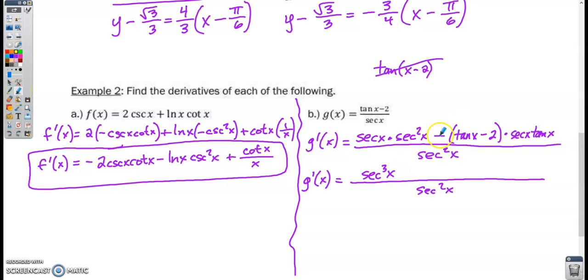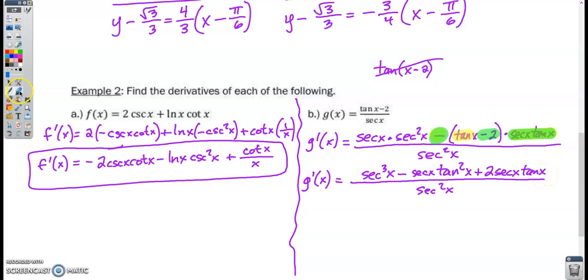So I've got a negative sign times the tangent times the secant of x tangent of x, which when I multiply all those together gives me negative secant of x tangent squared of x. And then I'm going to multiply the negative sign and the minus 2 and the secant of x tangent of x, and so that becomes plus 2 secant of x tangent of x.